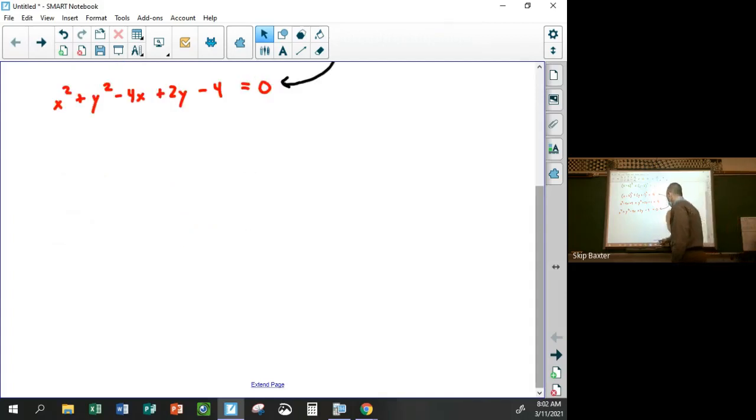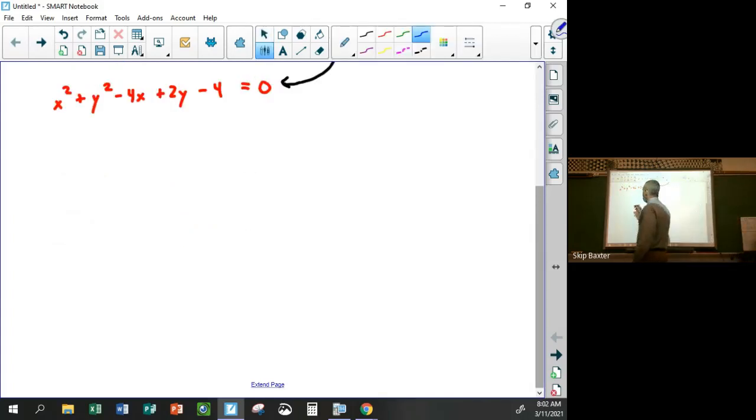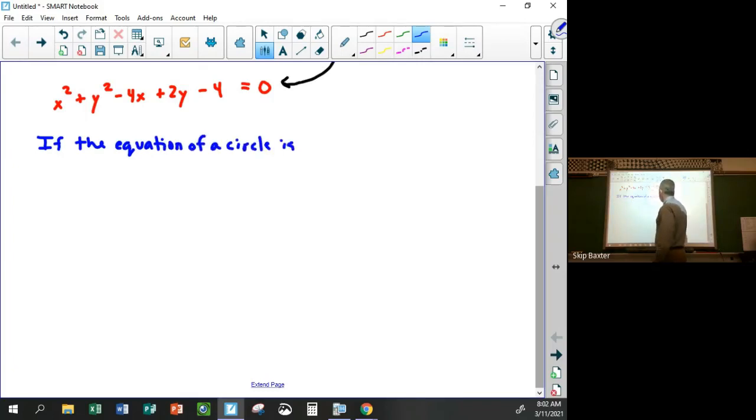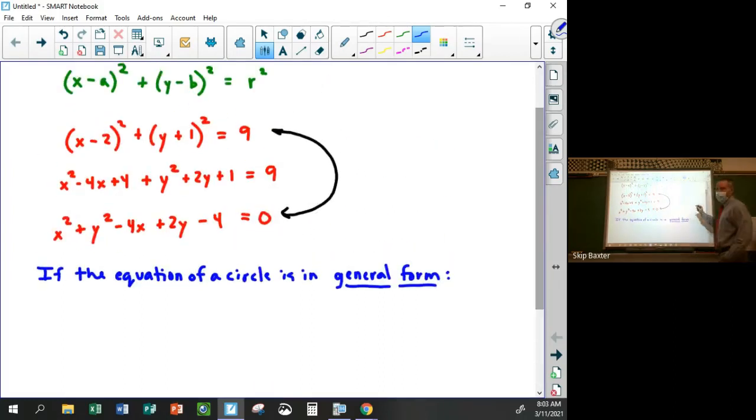Okay, so here's the deal. This is if the equation of a circle is in general form. In these two equations, the top one here is standard form of a circle.